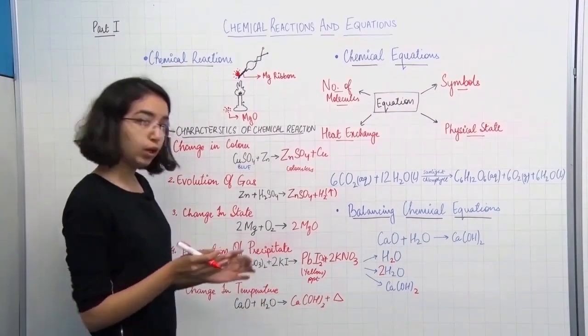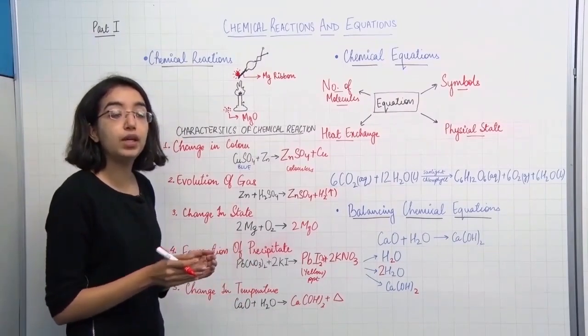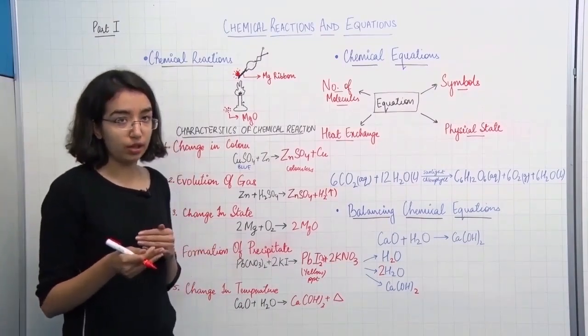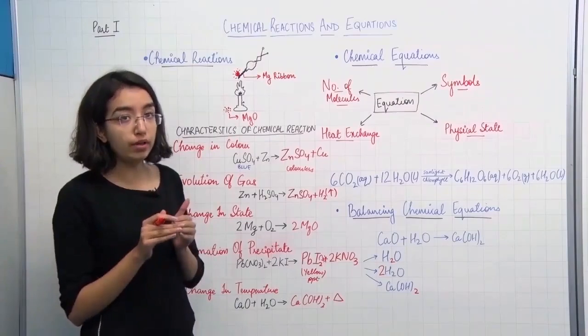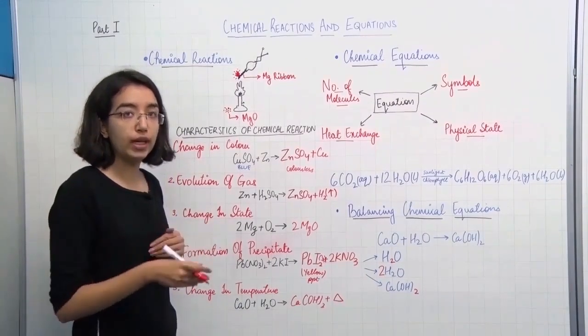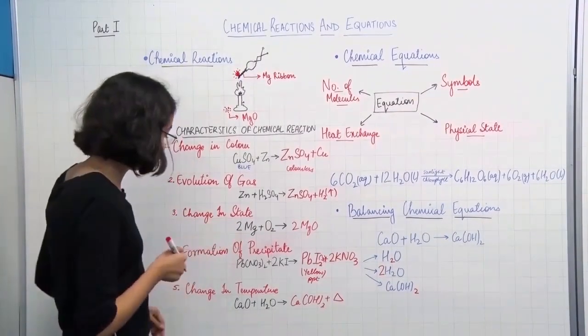So in this reaction, if you're holding the beaker, as you add water to calcium oxide, you'll be able to see that the beaker is turning hot, which indicates that heat is being released in this reaction. Heat can also be absorbed in a reaction, in which case the beaker will turn colder. We will study more in details of the differences of these types in the second part of the lecture.